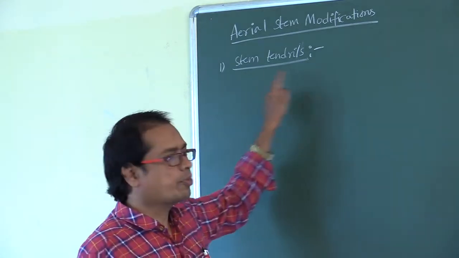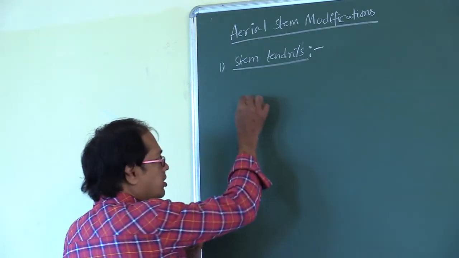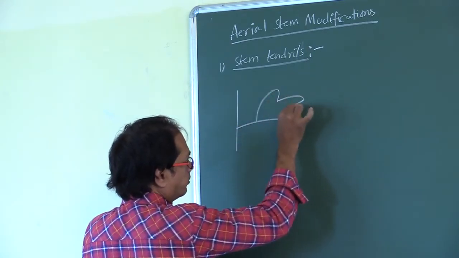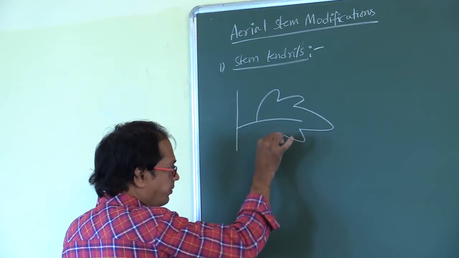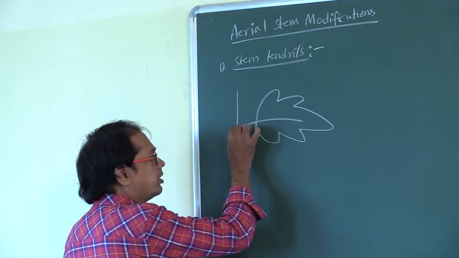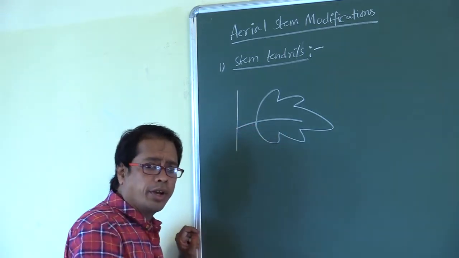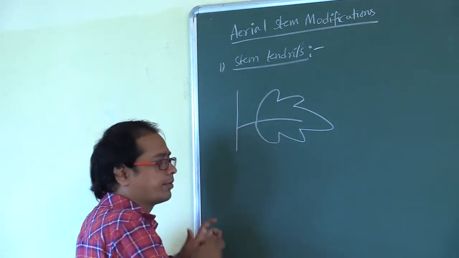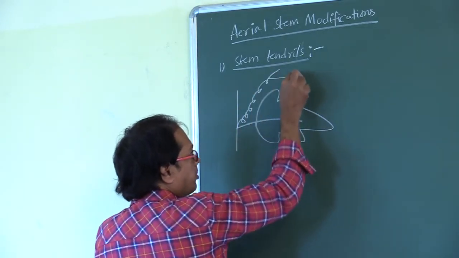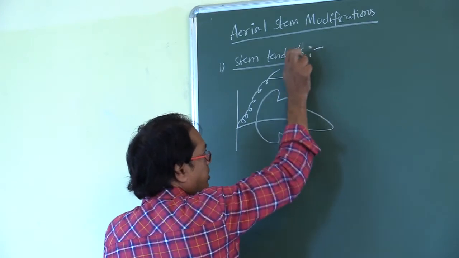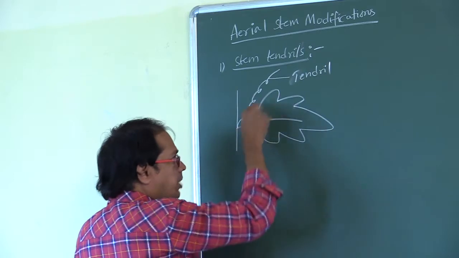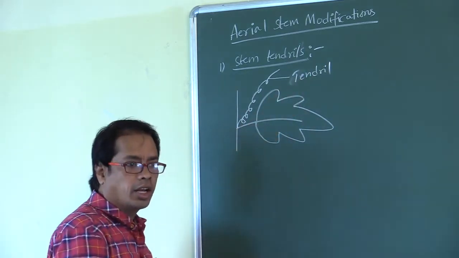First one, stem tendrils. Let us suppose this is the stem. This is the leaf, isn't it? So here is the axillary bud. Where do you find the axillary bud? In the axil of the leaf. So here, this is the axillary bud. That is, this is the tendril. The axillary bud is modified into a tendril.